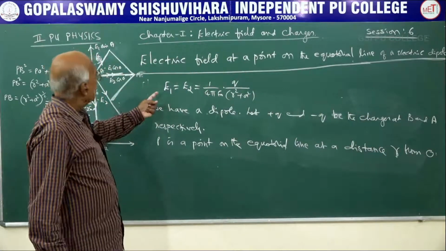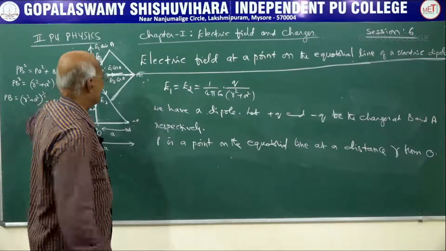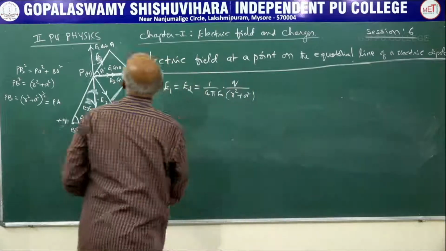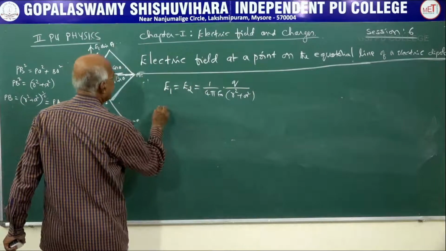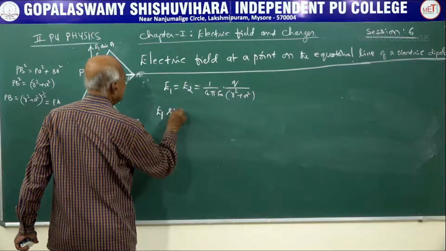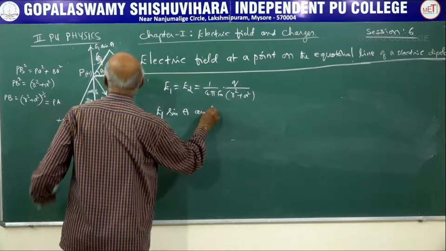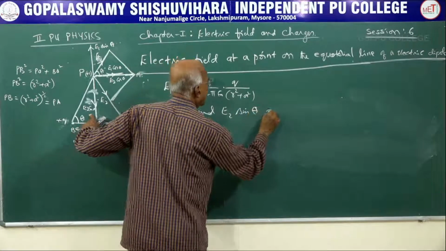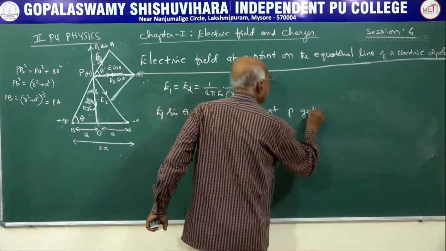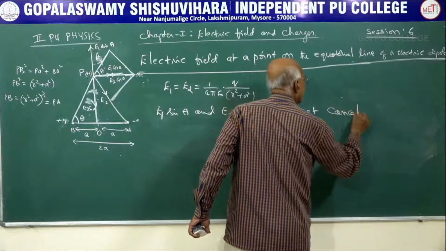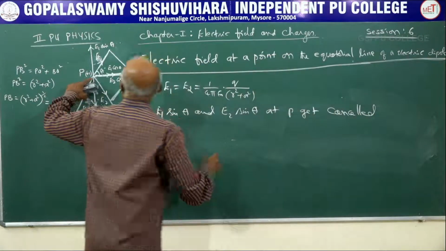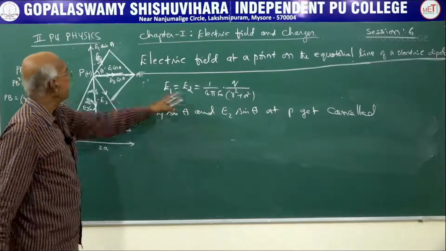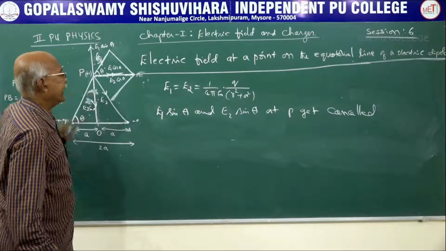Now since we have resolved them, E1 sin theta and E2 sin theta at P get cancelled. E1 sin theta is acting upwards, E2 sin theta is acting downwards. Since E1 and E2 are one and the same, they get cancelled.